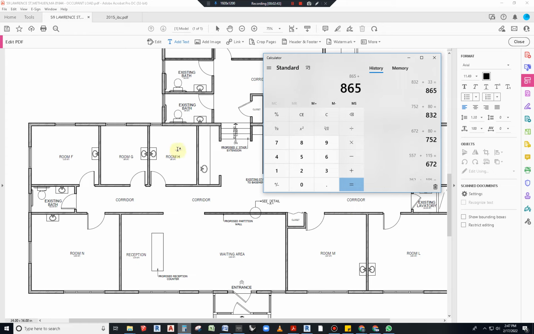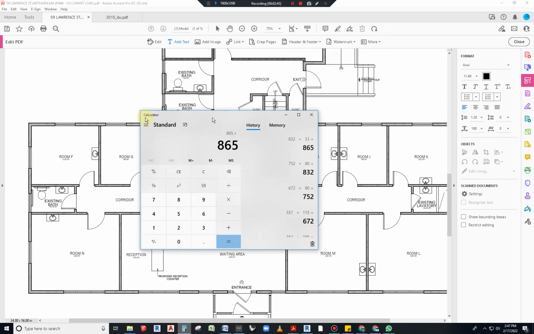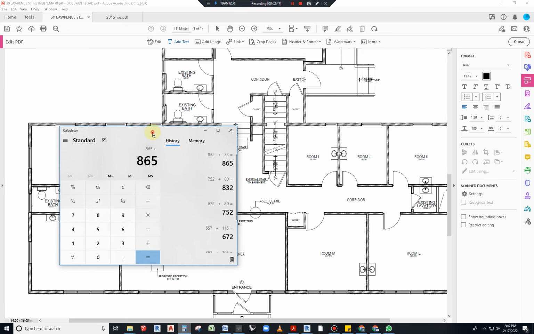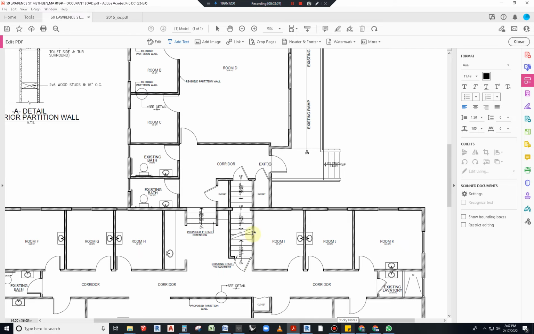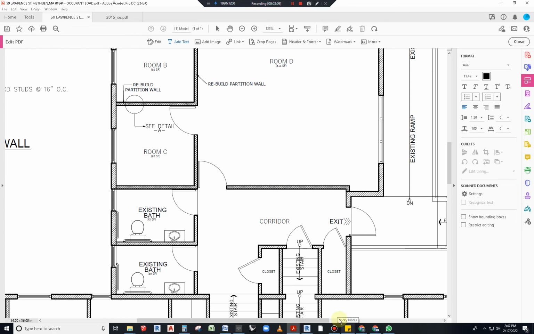Right, so we've got all of these areas already, and now these other bathrooms, plus 40, plus 43, plus room I, 85, plus 80, plus room K, 115, which is right here. Am I missing any others? Nope.